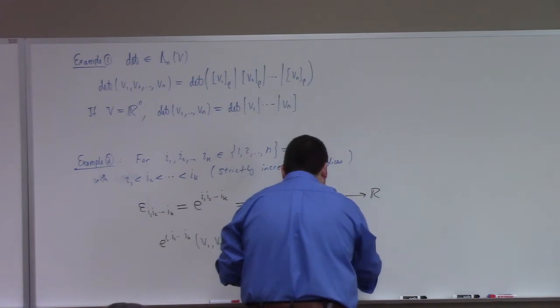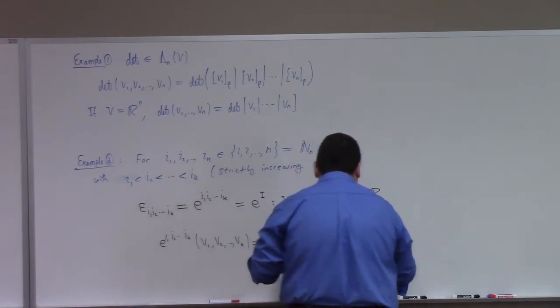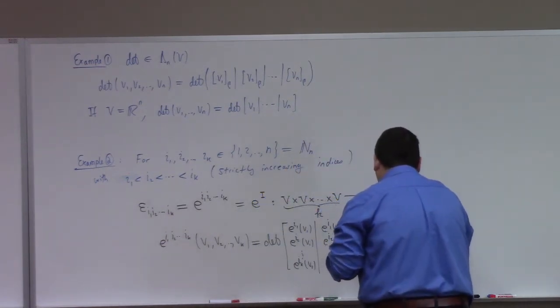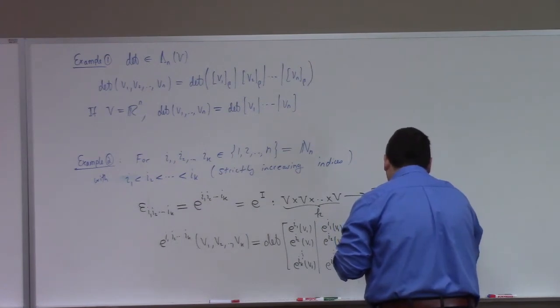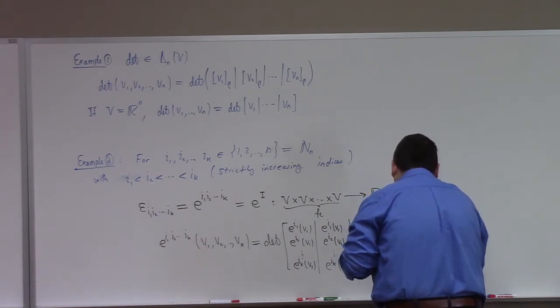So this is actually the determinant. If you let the I expand to the whole set of indices, then it's just the determinant again. But you see what we're doing. We're constructing a K by K matrix, right?